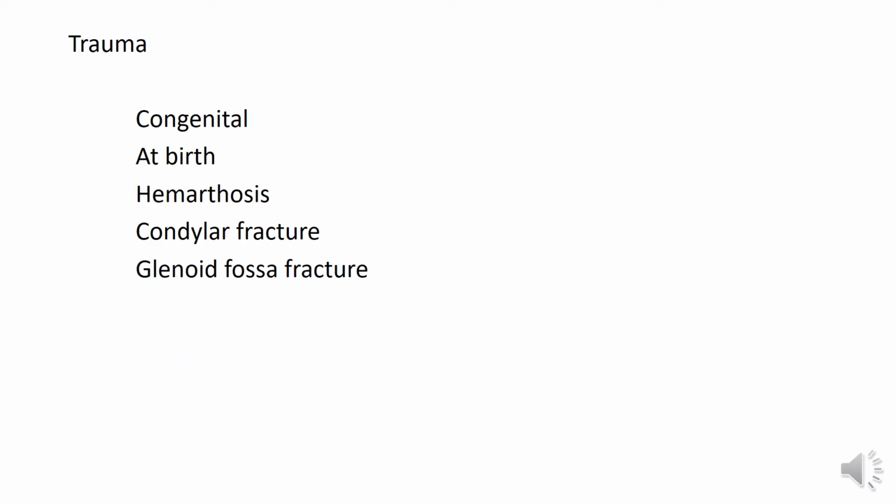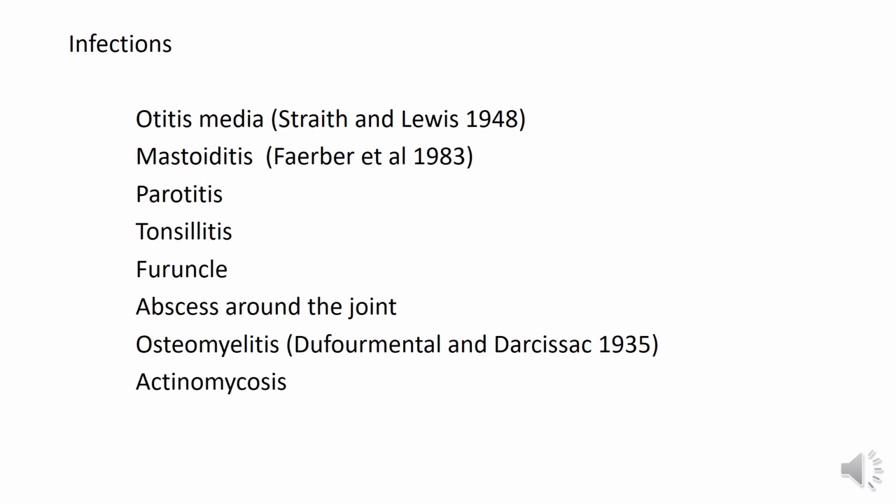The causes could be trauma, infection, inflammation, systemic diseases, and other causes. The trauma can be congenital at birth, hemarthrosis, condylar fracture, glenoid fossa fracture. Hemarthrosis is nothing but blood in the joint which gets organized, and then becomes an ankylosing mass within the joint.